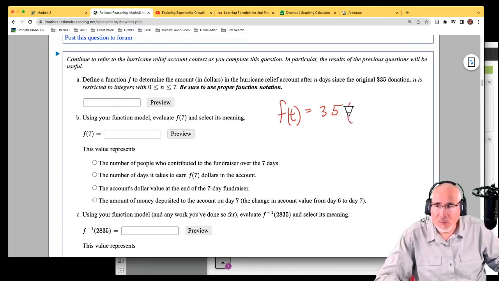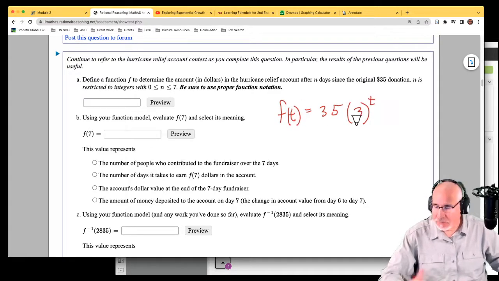Now, they don't give us a percentage, so we don't have to think in terms of 100%, but to triple something is to multiply it by 3. Each time we're multiplying it by 3, so that will be the exponent. So there's our function.